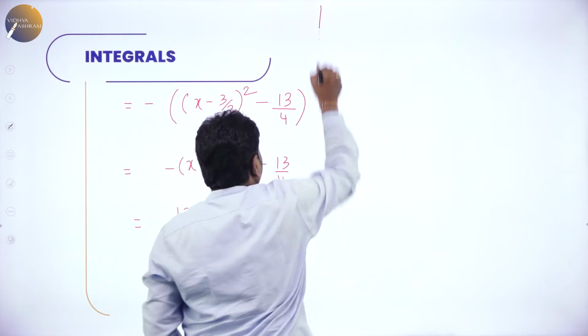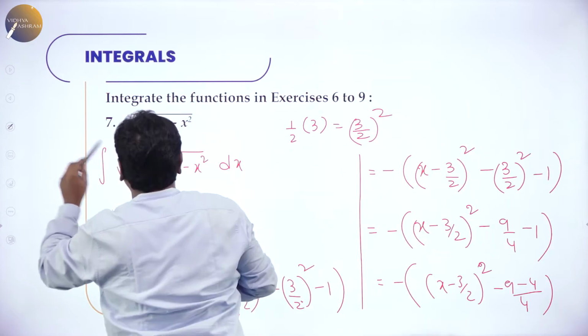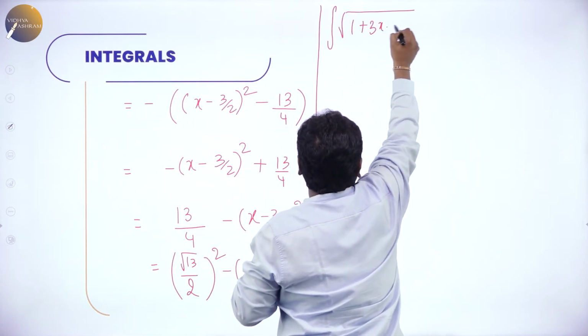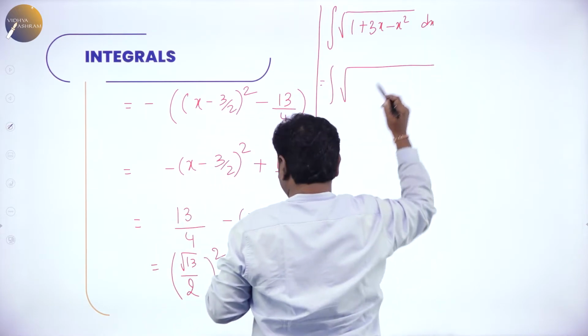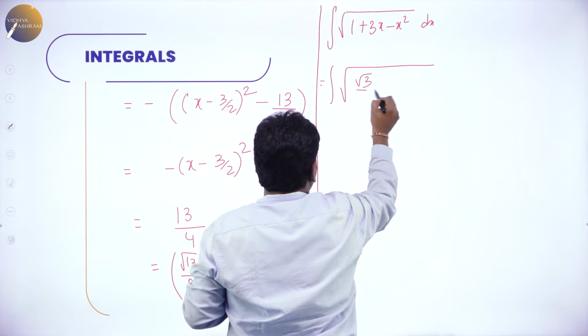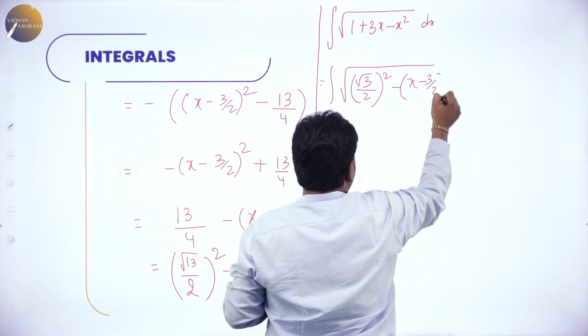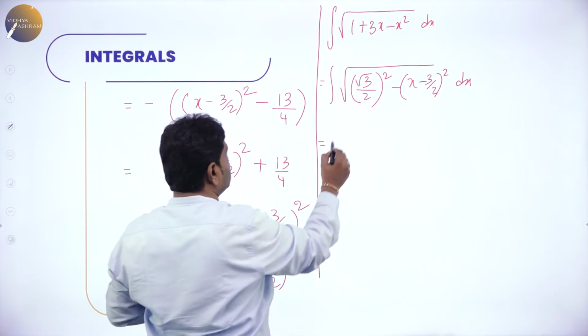So whatever is given, I can simplify. They give integration of root of 1 plus 3x minus x square dx. I can write it as integration of root of [(root 13 by 2) the whole square minus (x minus 3 by 2) the whole square] dx. So in the place of x we have x minus 3 by 2.